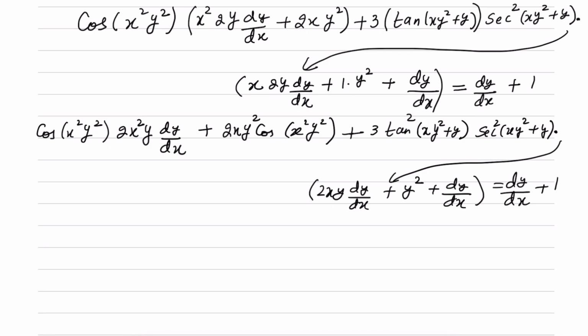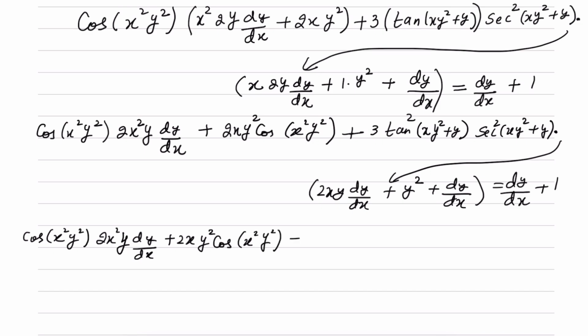So again simplifying it further, we have cos(x²y²)·2x²y dy/dx plus 2xy² cos(x²y²), plus now we are combining this with this term and this term.